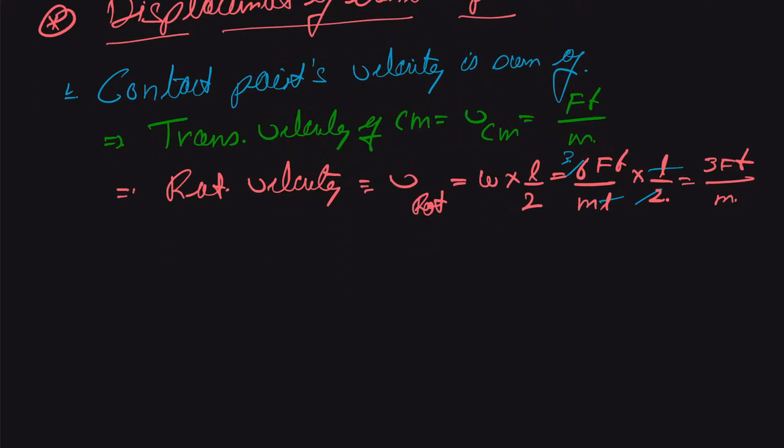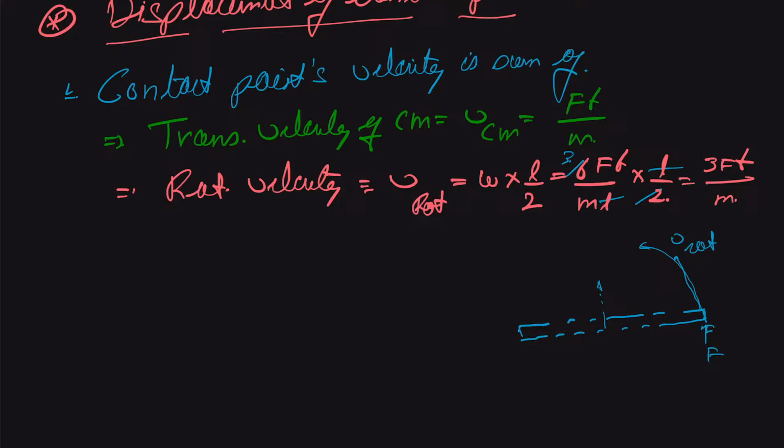In the ideal case, if the rotation is not negligible, because the velocity of the center of mass will be perpendicular to the rod, here force F is being applied, so it will try to rotate by a certain angle, and accordingly this V rotational will be tangential to the imaginary circle.